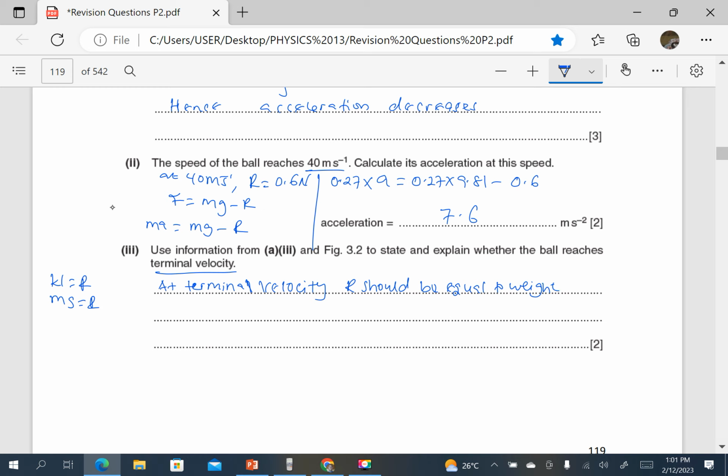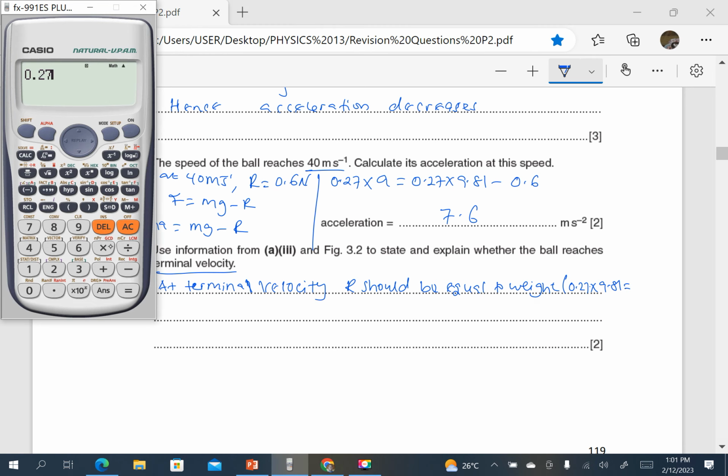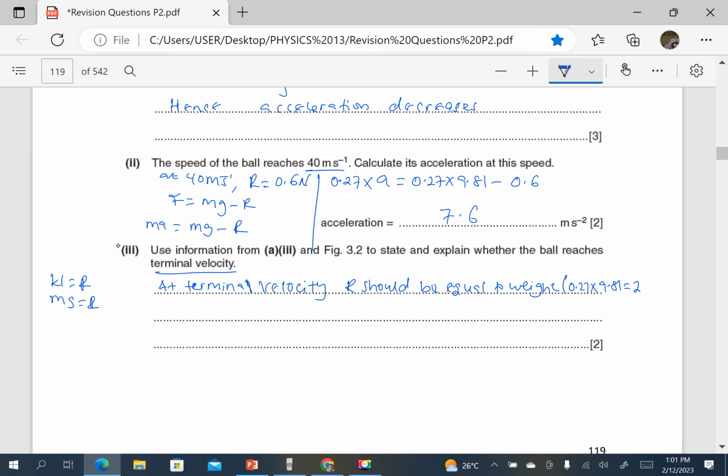The weight is 0.27 times 9.81, which is 2.65. So at terminal velocity, R should be 2.65.